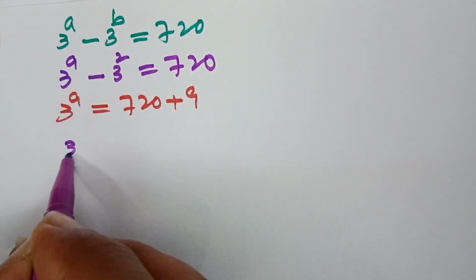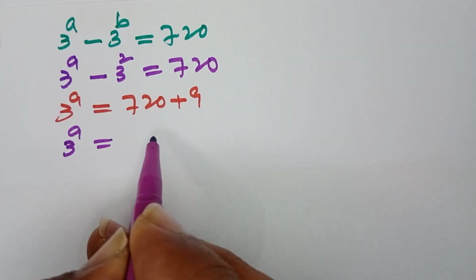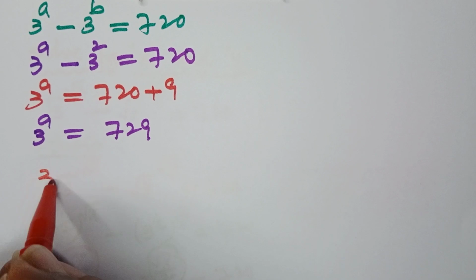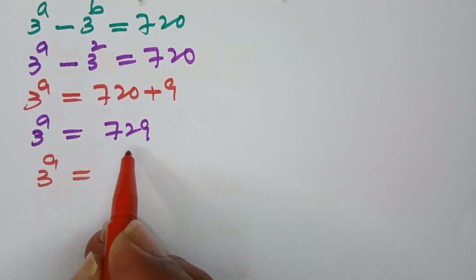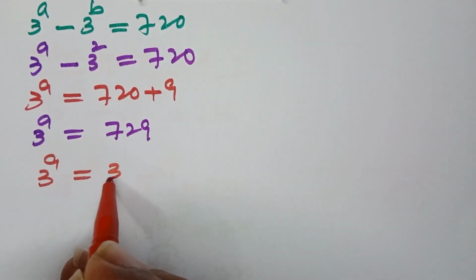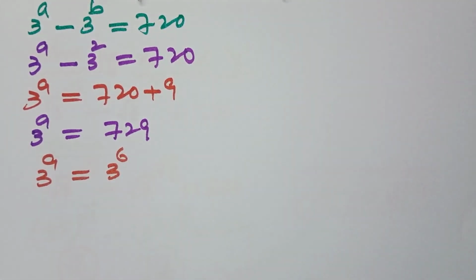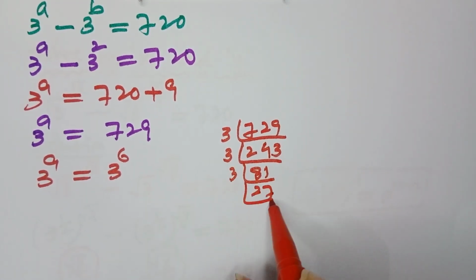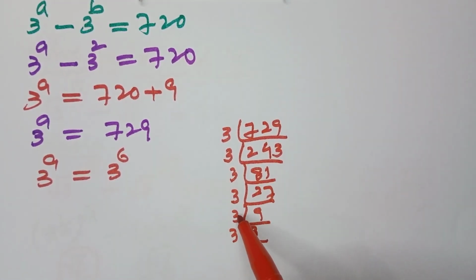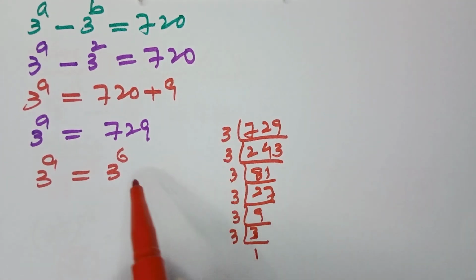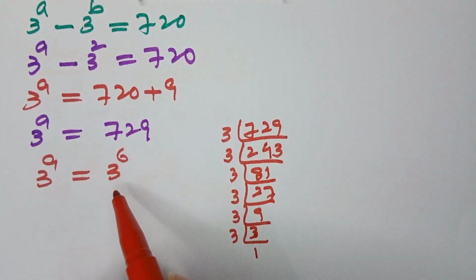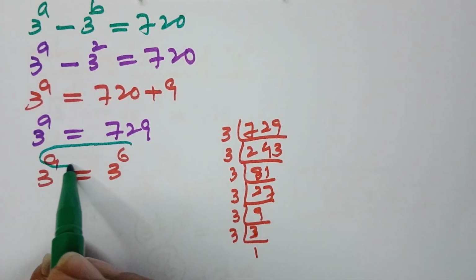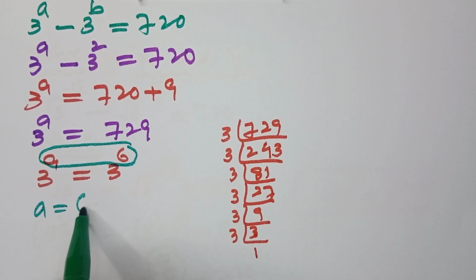So here 3 power a is equal to 729. So 3 power a is equal to, we can write it as, 3 power 6. Now same base, power equal. So here a is equal to 6.